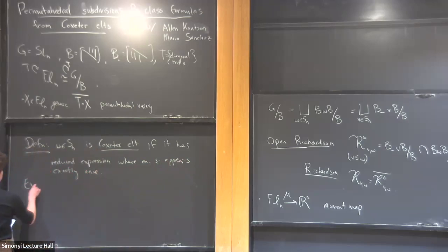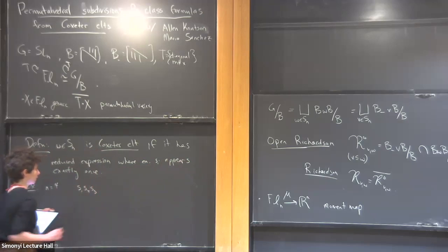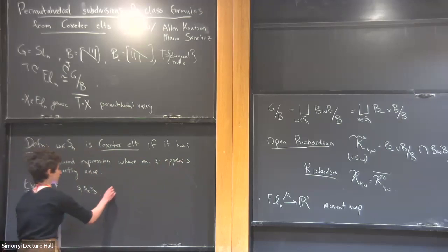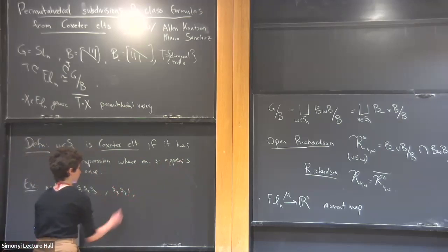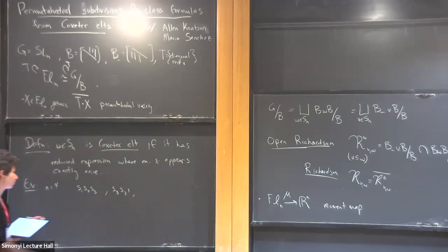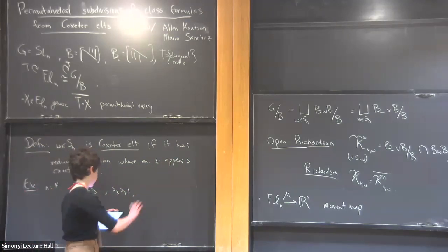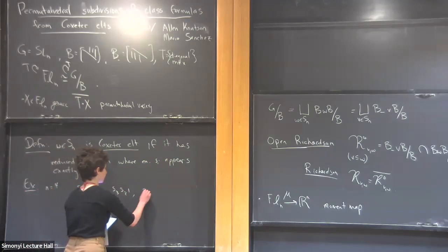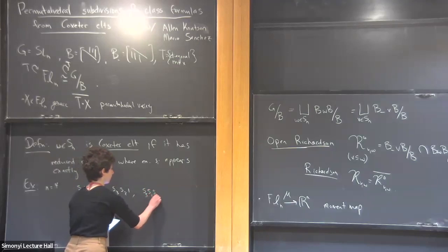In the n equals 4 example, there are 4 Coxeter elements. There's the standard one where I just take the product of the simple transpositions in order, S1, S2, S3. I also have the inverse of this, S3, S2, S1. The only other choice I can make is S3, S1, S2, which is the same thing as S1, S3, S2.